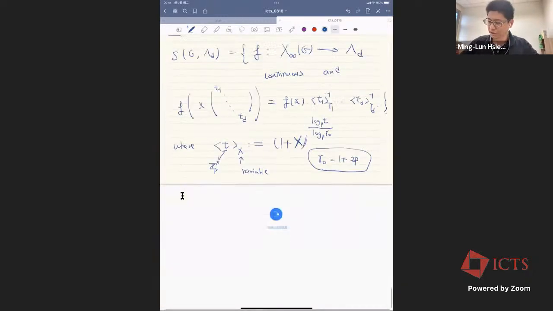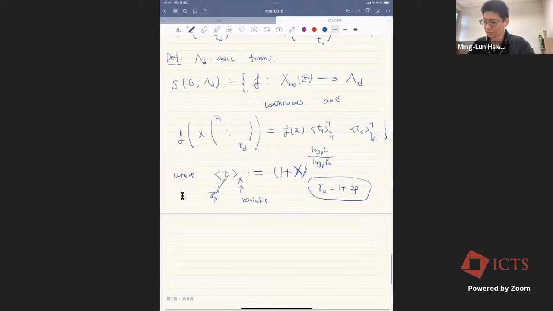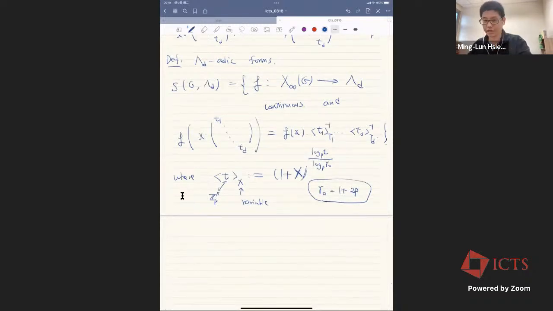Okay, so this is the definition of nearly ordinary forms, and we can have Hecke operators on these forms. In particular, I will introduce the U_p operators. I introduce α_i defined to be diag(p·I_i, I_{D-i}), an element in GL_D(Q_p).